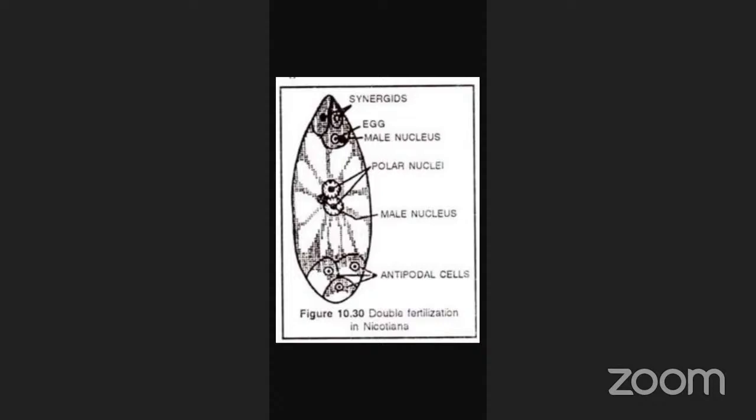Okay. So sometimes the archesporial cells undergo transverse division and cut off the outer parietal cells and inner sporogenous cells. The further division of these gives rise to the parietal tissue and the sporogenous tissue.